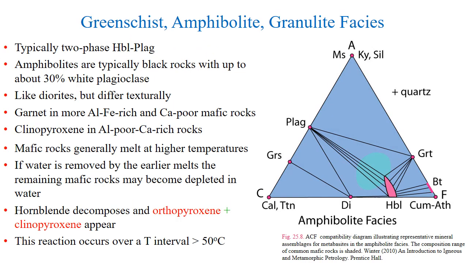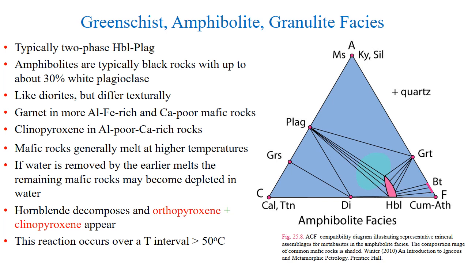Metabasites, or metabasalts, in the amphibolite facies are characterized by the assemblage of hornblende plus plagioclase, plus lesser amounts of quartz, epidote, garnet, clinopyroxene, and/or biotite. Amphibolite facies corresponds generally to the upper garnet, staurolite, kyanite, and lower sillimanite zones of associated pelitic rocks, as we'll discuss later.